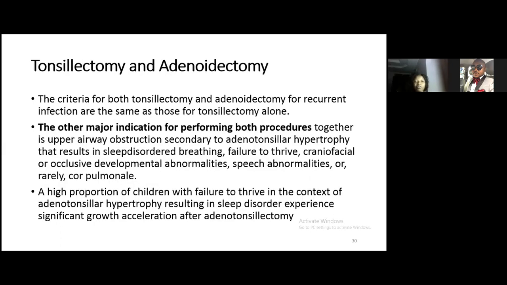The criteria for both tonsillectomy and adenoidectomy for recurrent infection are the same as those for tonsillectomy alone.